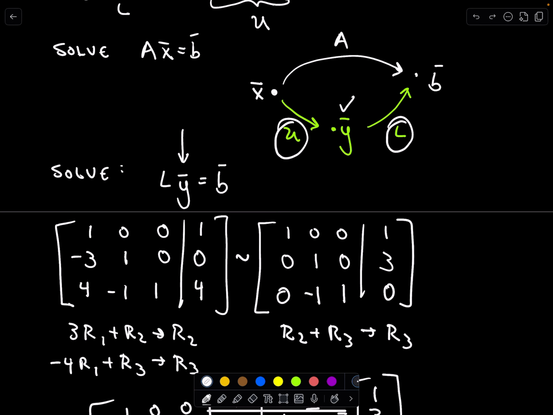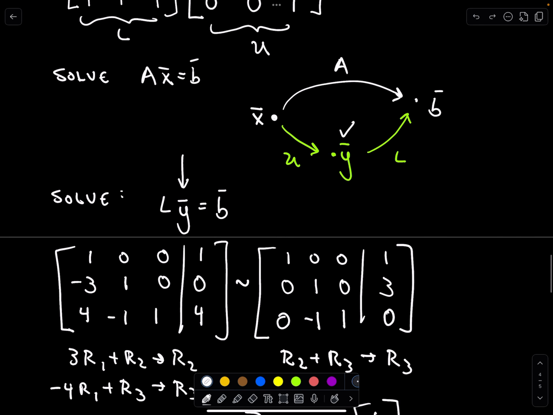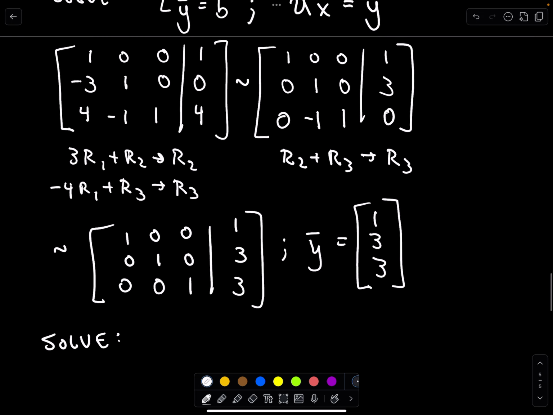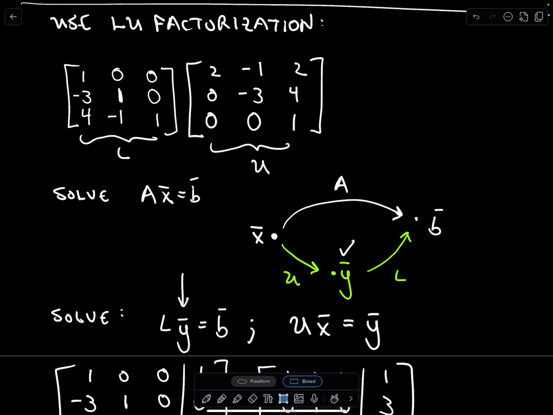And when I find that, that's going to give me x, which is what we're trying to figure out, right? That's the whole thing we're trying to solve here. So again, we're going to say U maps x onto y. Okay, so if we go to solve this, now I'm using matrix U. So let me copy down matrix U.